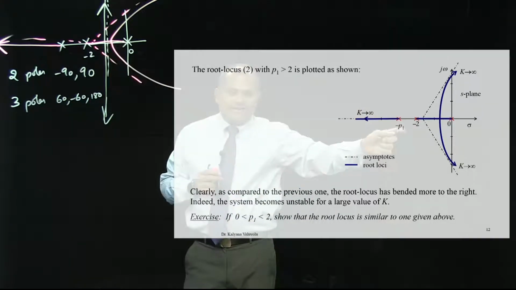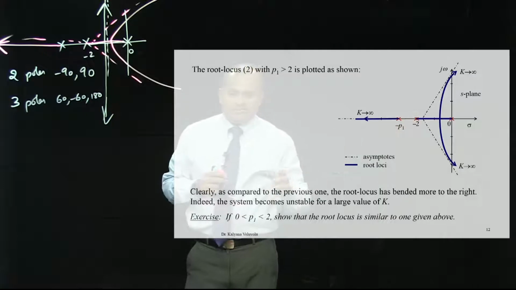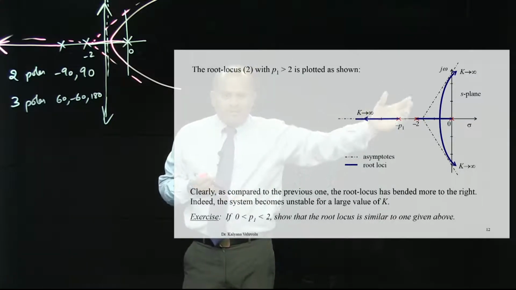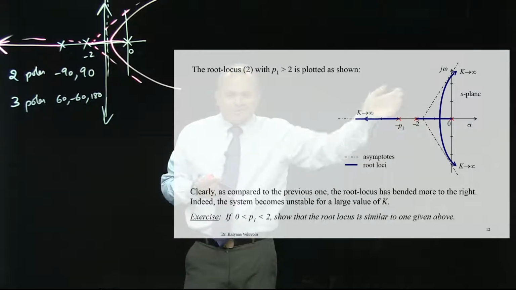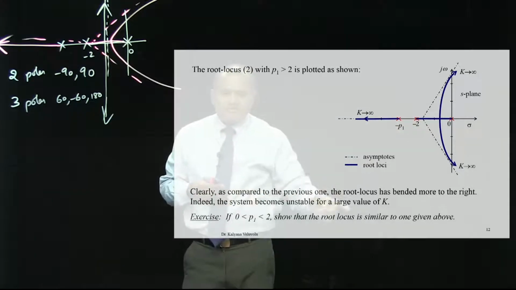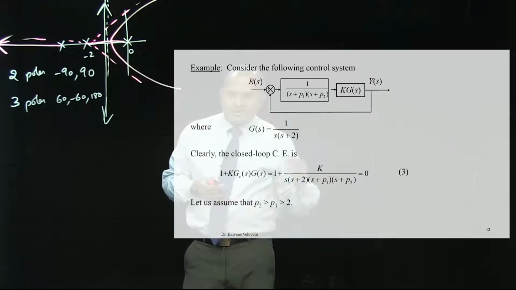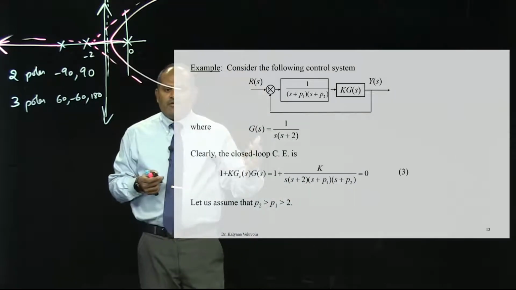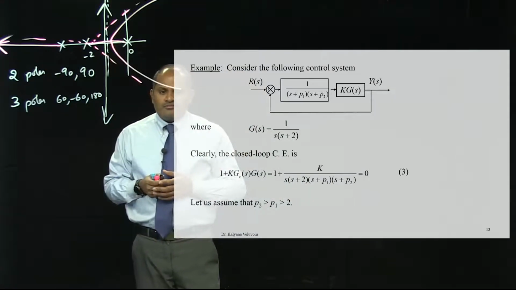Suppose I take this P1 and place it in between, it may give a slightly different graph, but it will be almost similar to this one. So, there is a simple exercise: if 0 less than P1 less than 2, show that the root locus is similar to the earlier one.